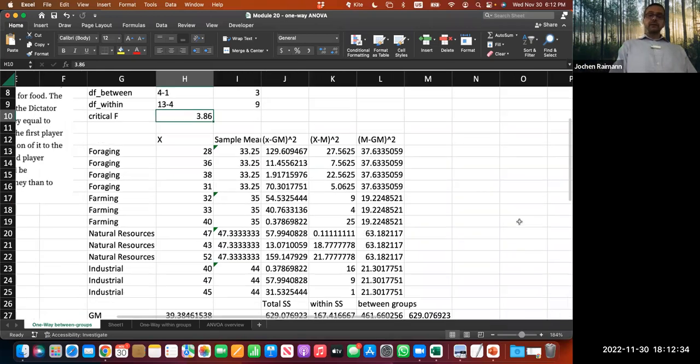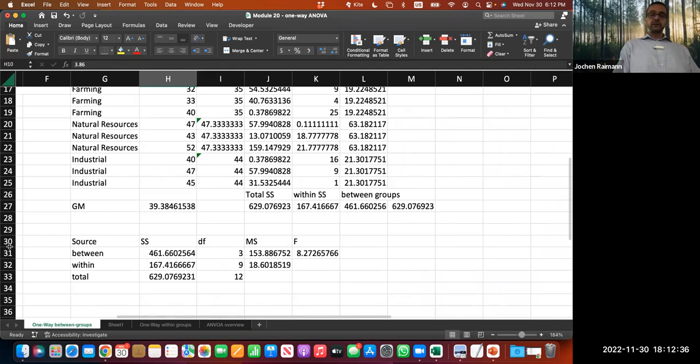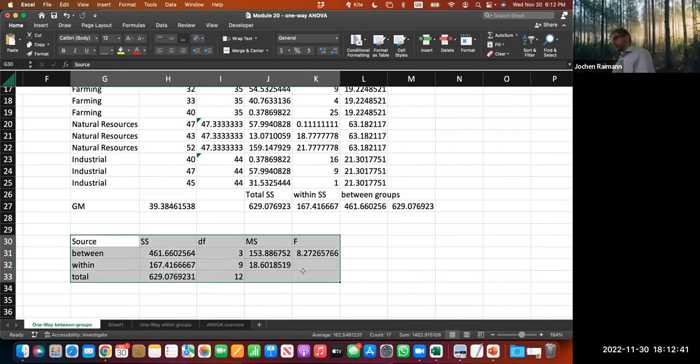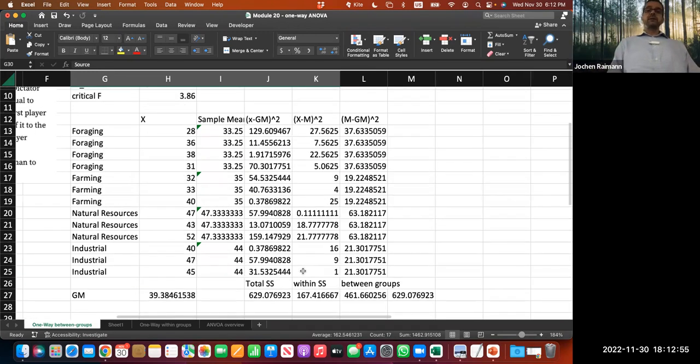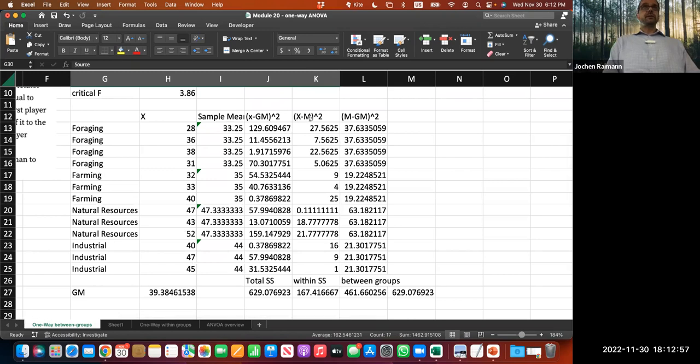And these calculations that I've done here and shown you basically just lead to this source table. And this is really where the money is. This is really what needs to be understood. Because these steps in between, statistical software is doing for you, in most cases. But it's important that you conceptually understand what these different components mean.